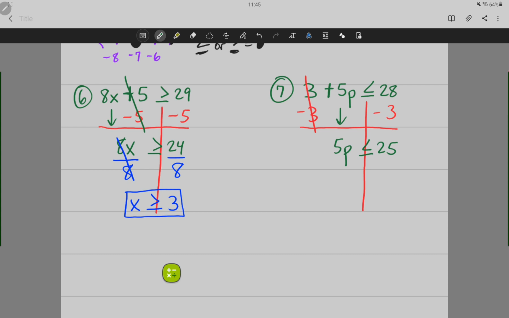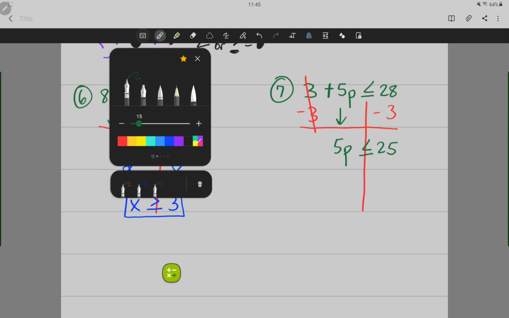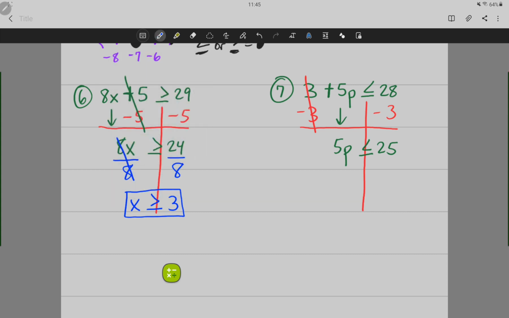And now what operation are we looking at? We're looking at multiplication. It says 5p, which means 5 times p. Again, whatever operation we see, we undo it by doing the opposite. So the opposite of multiplying is division. That's the inverse operation.